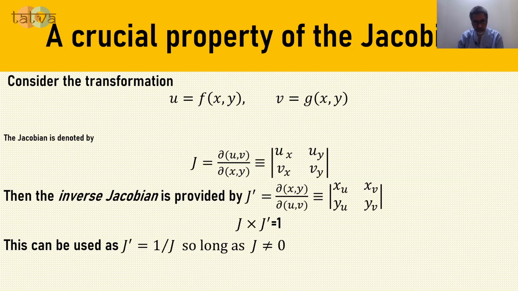J times J prime will always be equal to 1, provided J is not equal to 0. So J prime is nothing but the Jacobian of dou xy by dou uv. Sometimes we may need that for problem solving. So let us keep this as a very valuable property of Jacobians.